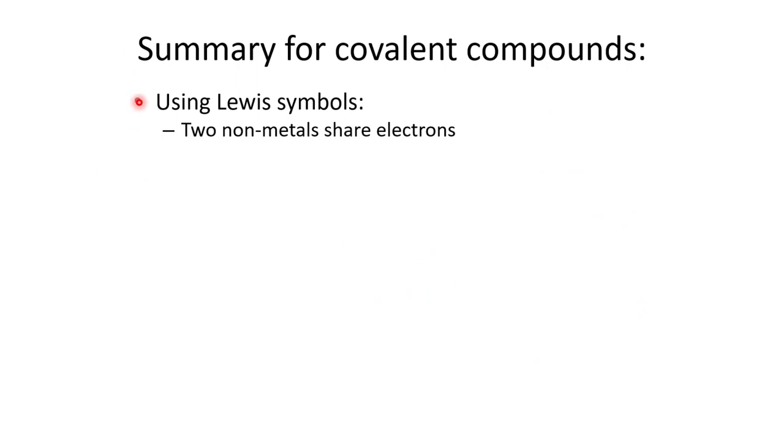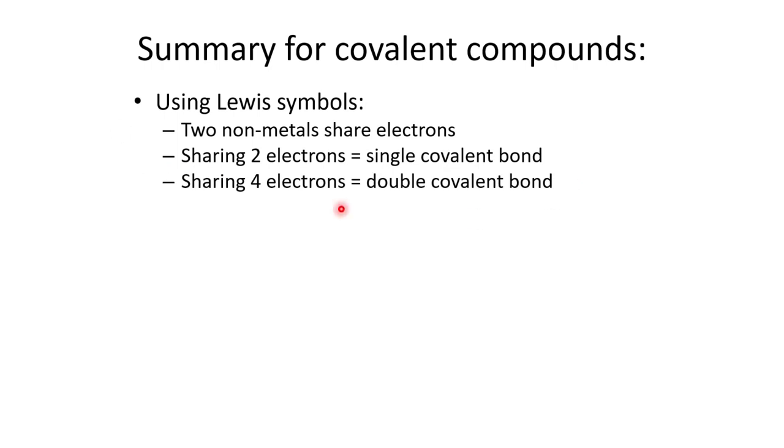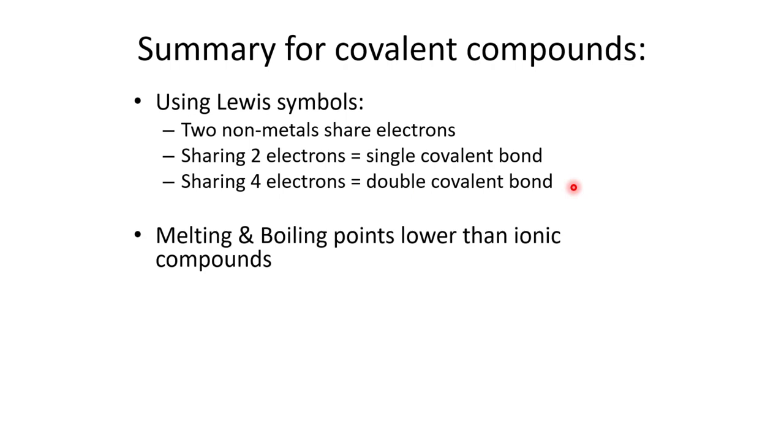So here's our summary for covalent compounds. When we use Lewis symbols, we can show how two nonmetals share electrons. A sharing of 2 electrons is a single covalent bond. Sharing 4 electrons is a double covalent bond, and sharing 6 electrons is a triple covalent bond. The melting and boiling points tend to be lower for covalent compounds than they do for ionic compounds.